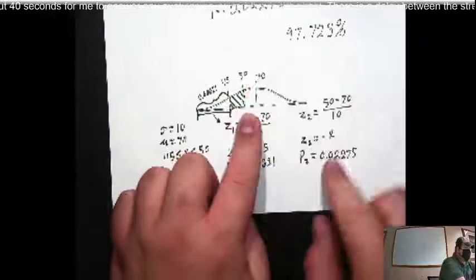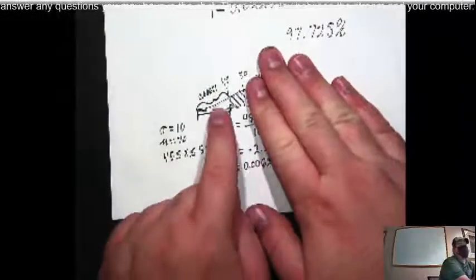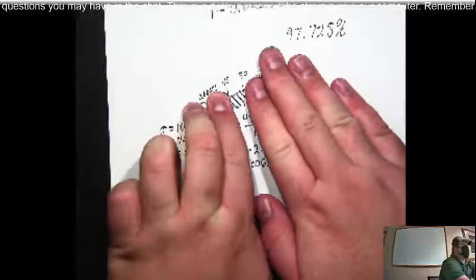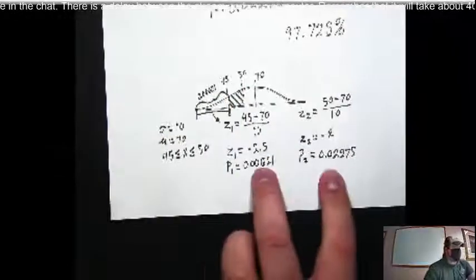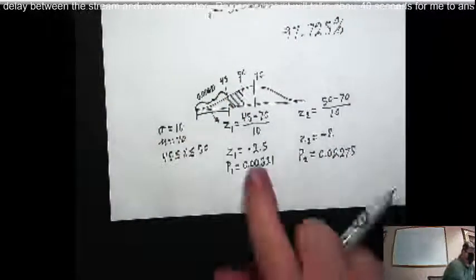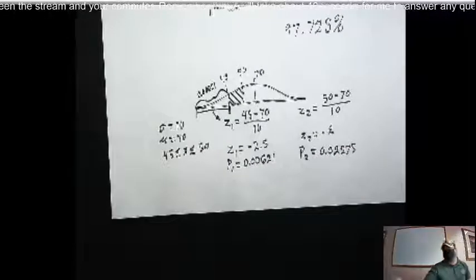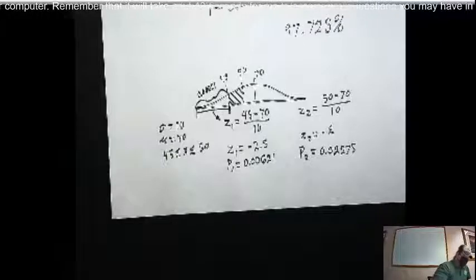So remember, this right here is this entire part back here. So if we subtract this part, it just gets rid of that and gives us what's in between. Make sense? Okay. So we can subtract these two. So subtract P1 from P2, and it should give us the area in between.